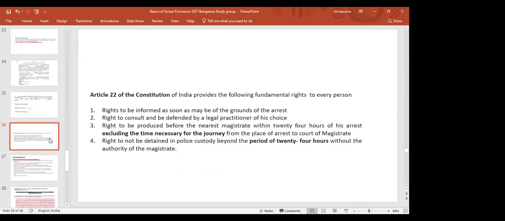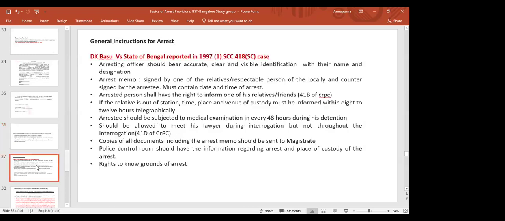Otherwise, one more, Article 22 of the Constitution, which is one of the articles that gives fundamental rights to every person who has been arrested. He has to be informed as soon as may be of the grounds of arrest. The principles are given in D.K. Basu versus State of Bengal.